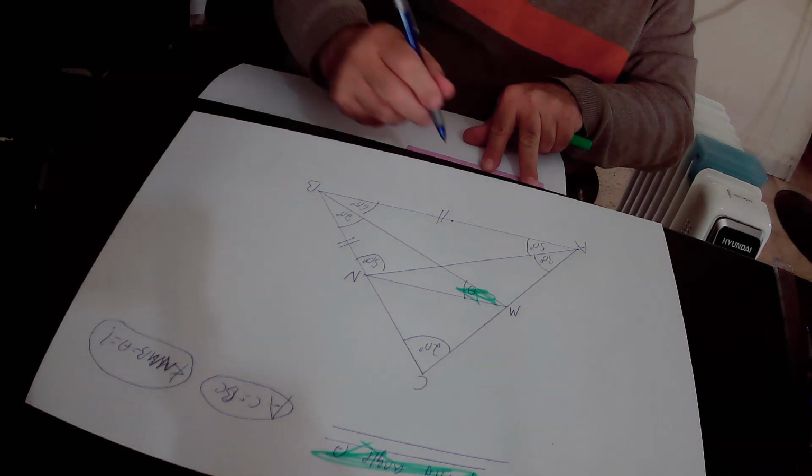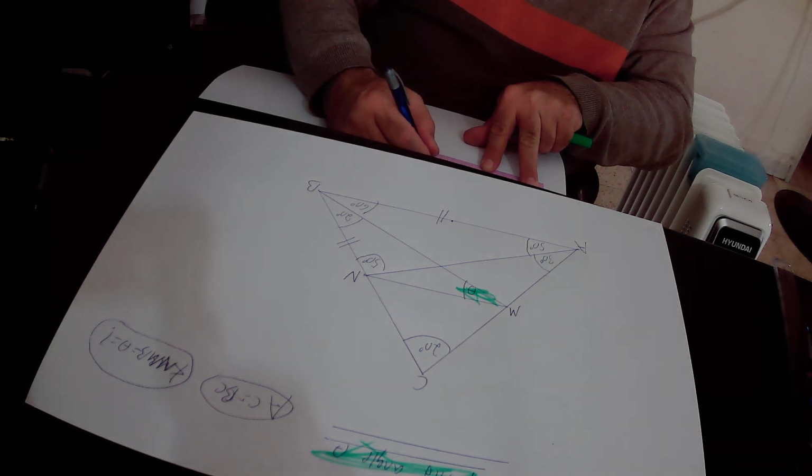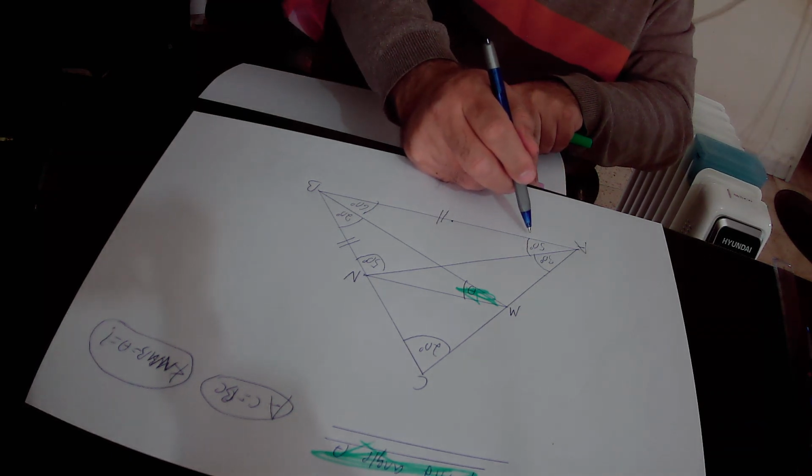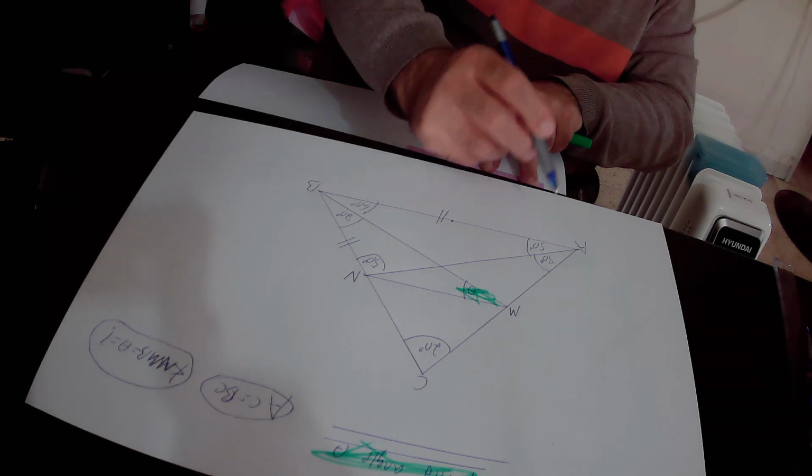Angle MBA equals 60 degrees. This is actually angle theta that we calculated in the beginning of the lecture, that is equal to 80 degrees.